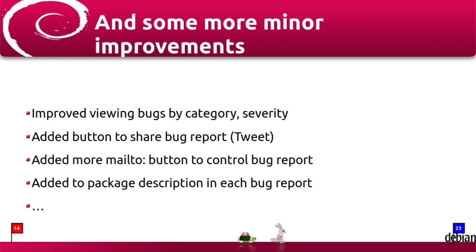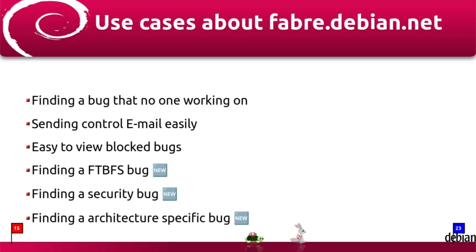The last topic is some more improvements since last year. But they are two minor ones, so I'll show you useful use cases instead. There are 6 use cases to show you.